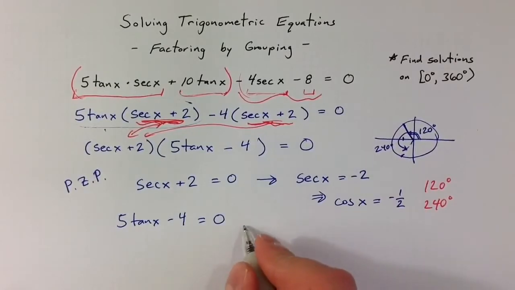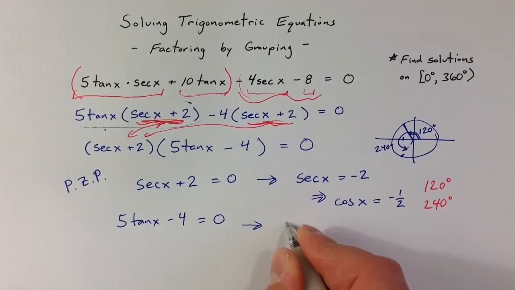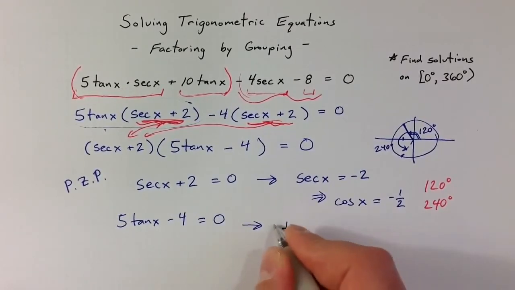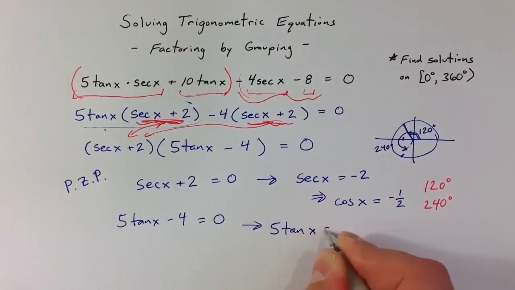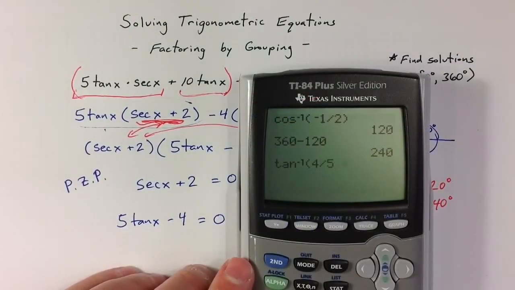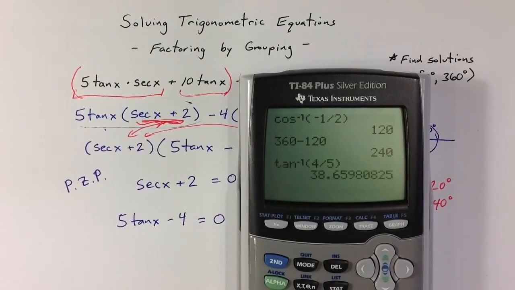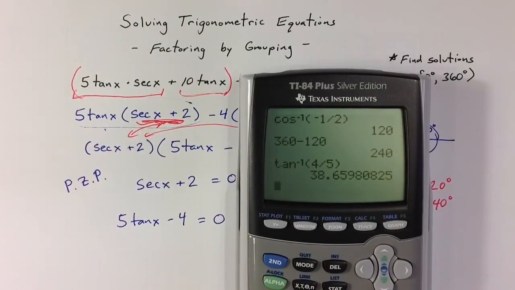In a similar way, using the calculator, this will not be a nice value, so we do need to use the calculator here. I get 5 times tangent of x equals 4, and so the second set of solutions comes from tangent x equals 4/5. Using the inverse tangent function, the angle that corresponds to an inverse tangent of 4/5 is 38.65 degrees, roughly 38.7 degrees.